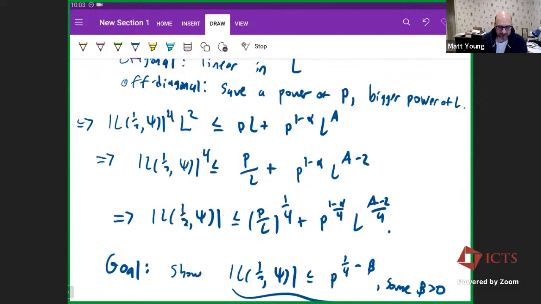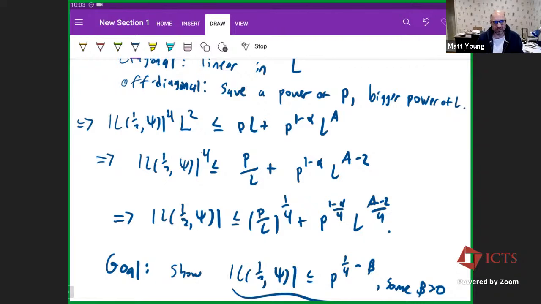If I dropped all but one term and bounded an individual L function, the P to the 1 minus alpha part would give me subconvexity, but the diagonal term is ruining the day. It's too big, just giving me P to the quarter, and there's nothing we can do about it. The amplifier lets us win on the diagonal, but it makes things worse on the off-diagonal.